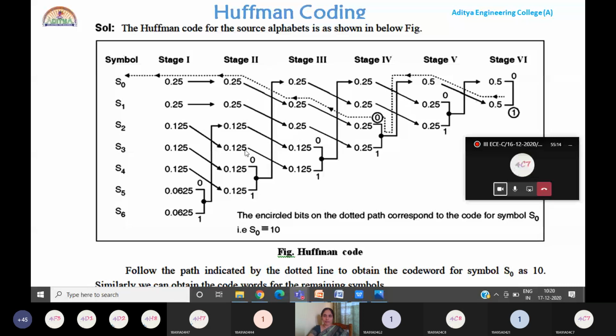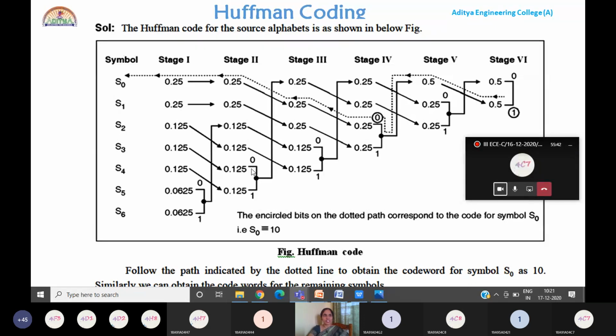Okay, let us move to step 2. In stage 2, what will you do? Once again, you will add 0.125 and 0.125. You will get 0.25. Now assign 0 to the last but one term and 1 to the last term. After assigning, once again relocate this newly added probability in the order of decreasing probabilities.